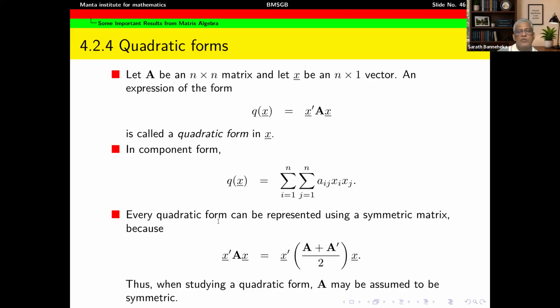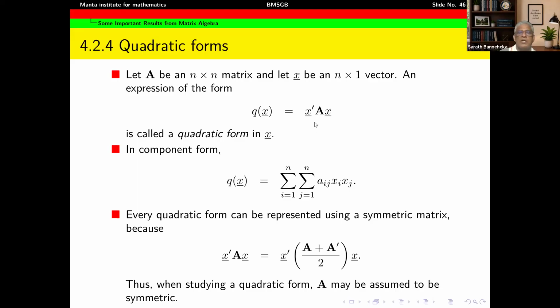Every quadratic form can also be represented using a symmetric matrix, because x transpose Ax can be written like this, right? Represented doesn't mean it's equal. The quadratic form is not equal to a symmetric matrix, but it can be represented using a symmetric matrix A, where A and A dash will be the same.